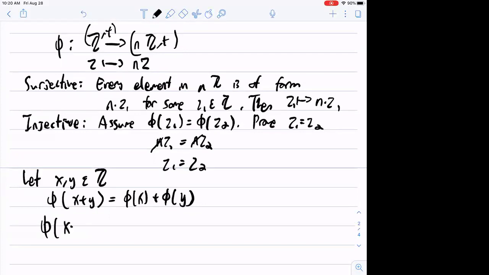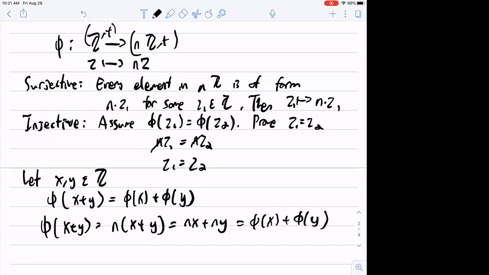Phi of x plus y is n times x plus y, and then by the distributive law, let's distribute the n, and then this is phi of x plus phi of y. So this is an isomorphism. Is everyone clear?